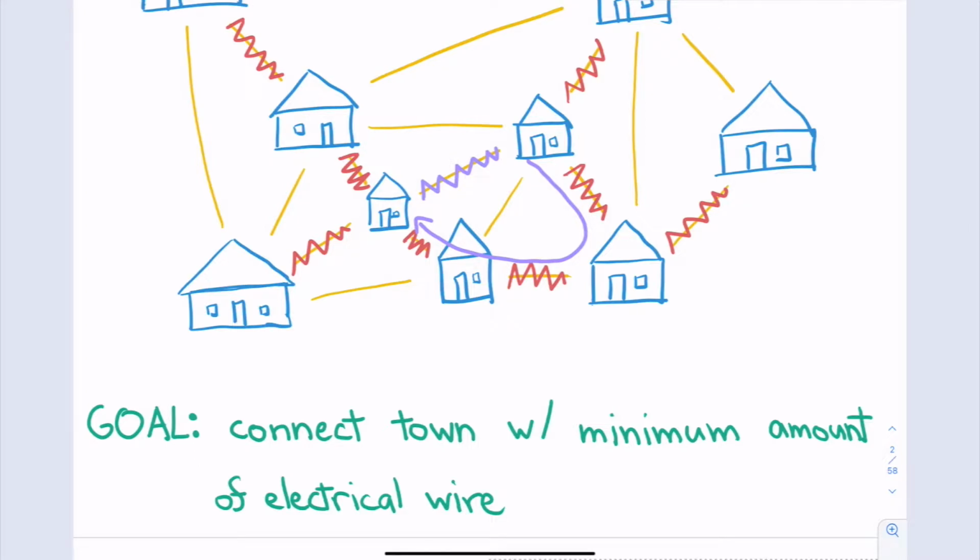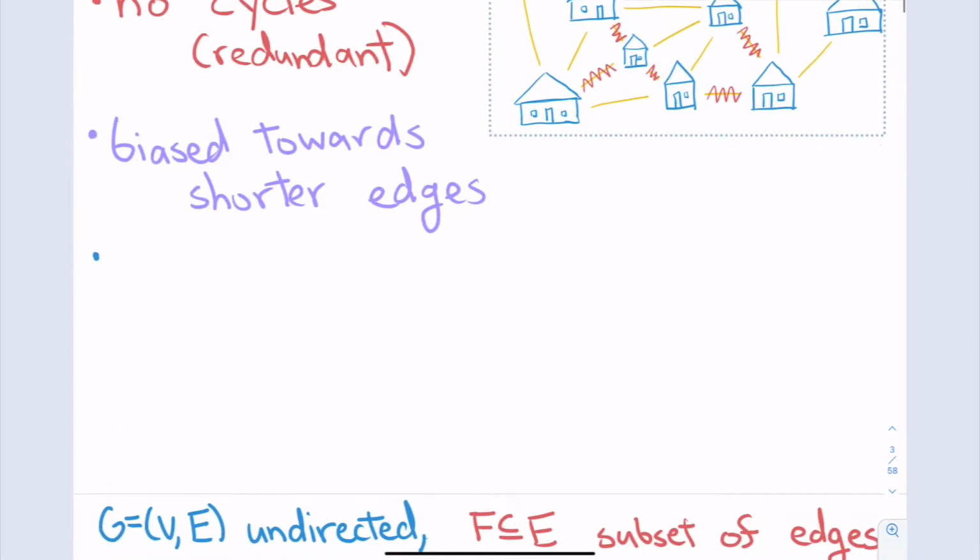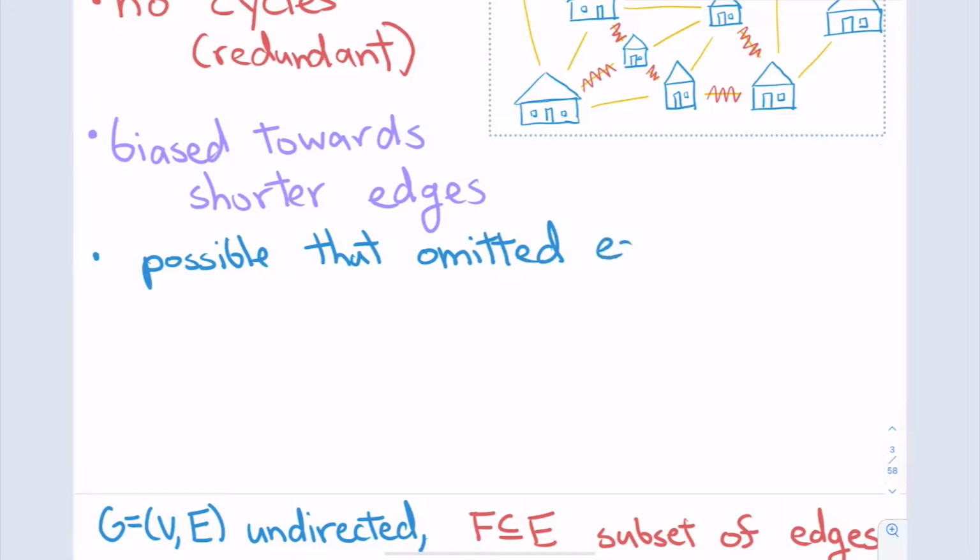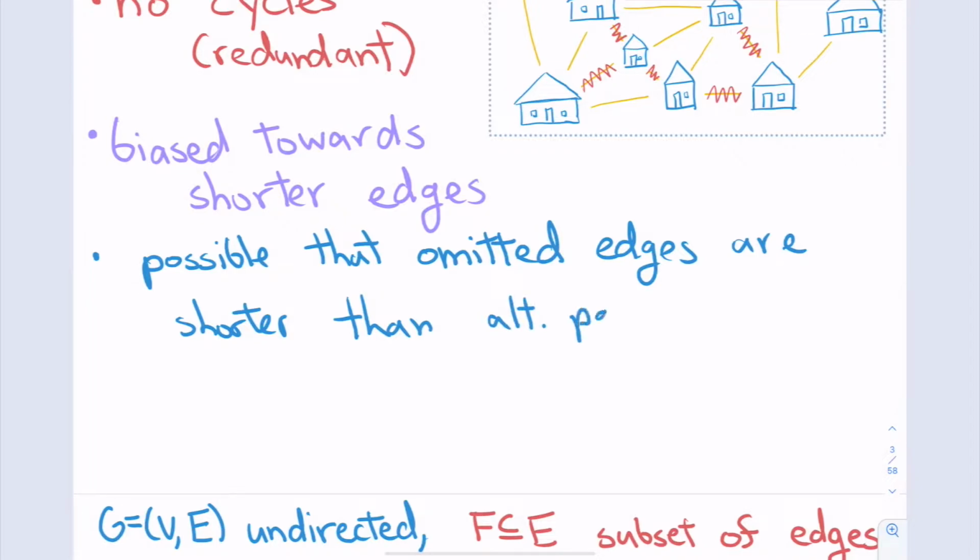Okay? So it does seem like it's possible that omitted edges are shorter than the alternative path in our solution.